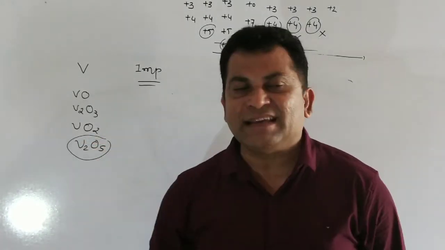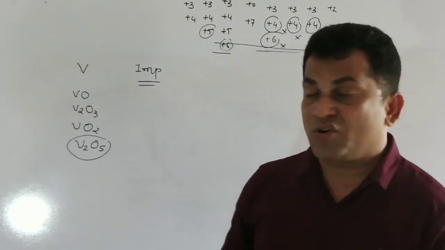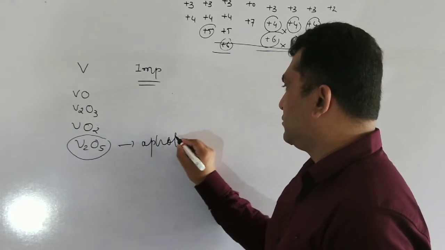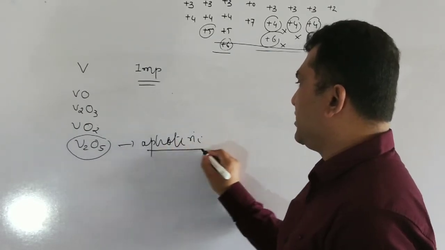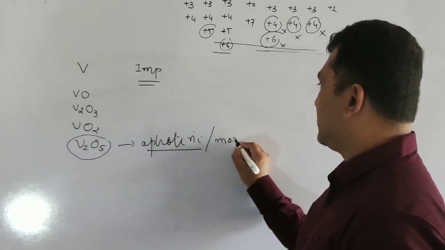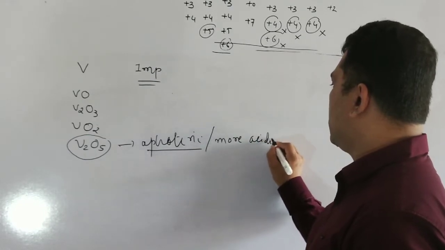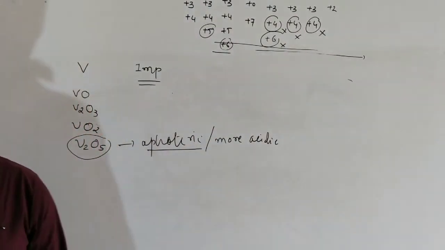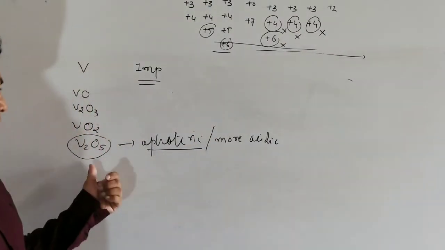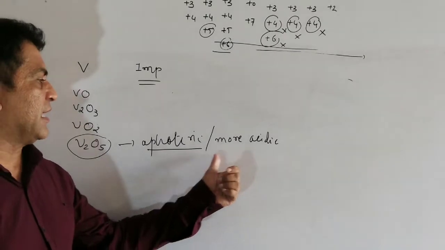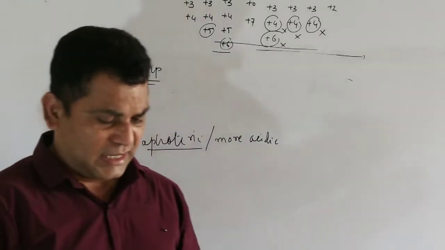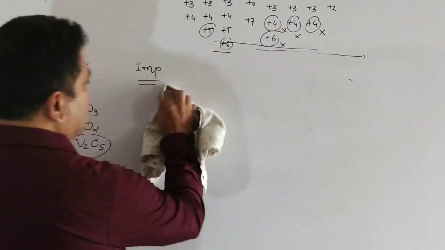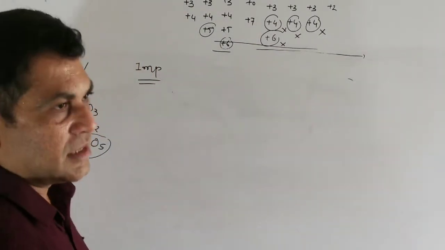Vanadium pentoxide is amphoteric in nature, but it is more acidic. Explain your answer. That will be the question, and how you will discuss this is the important part.